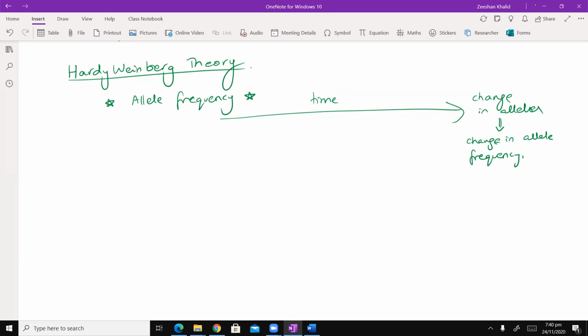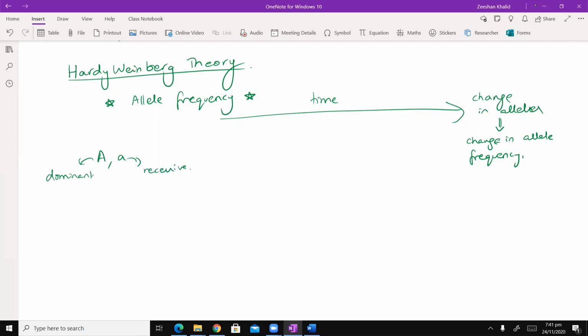So let's try and understand what the Hardy-Weinberg principle is now. If I were to give you an example, let's talk about any particular phenotype that is being controlled by the following two genes. This is, of course, dominant, and this is something that we know is recessive.